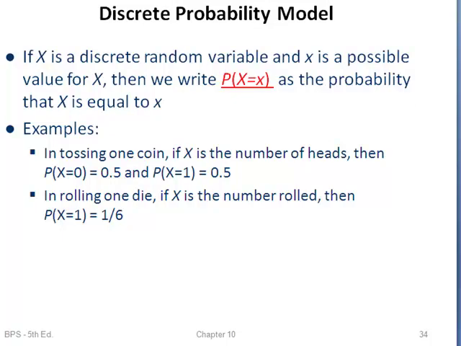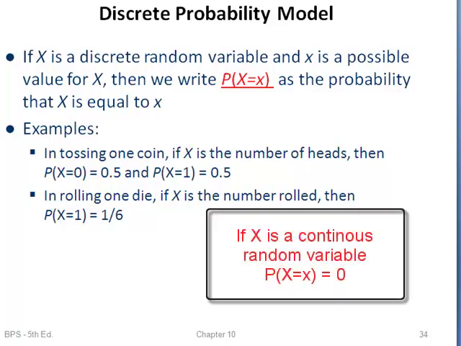We would write the probability that our variable equals a particular value as we see here in red. Now remember, with the discrete model, the probability at a particular value can have an actual value. But in the continuous model, the probability at any particular point is always 0.